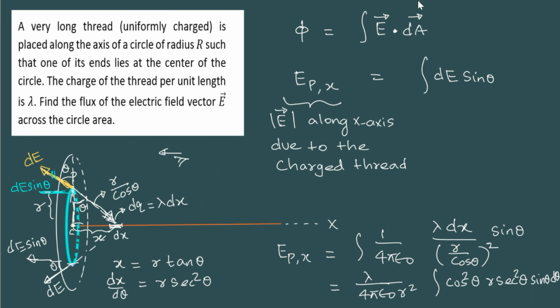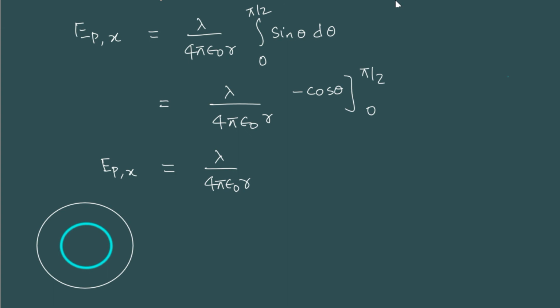When we look along the negative x direction, we see a ring like this, right? The negative x-axis is into the board. This is the blue ring that we're talking about of radius r, and this is capital R. Now the thickness of the ring is dr.